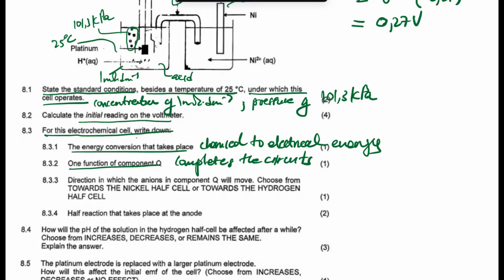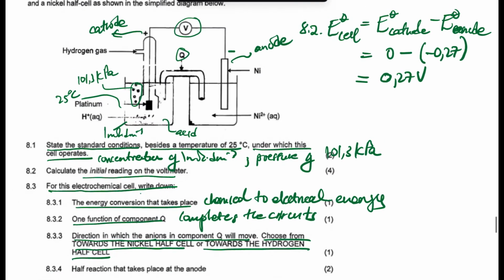Now in 8.3.3, write down the direction in which the NO3 minus ions in component Q, the salt bridge, will move. Choose towards the nickel half cell or towards the hydrogen half cell. Guys, all the time the negative ions through the salt bridge move to the anode.